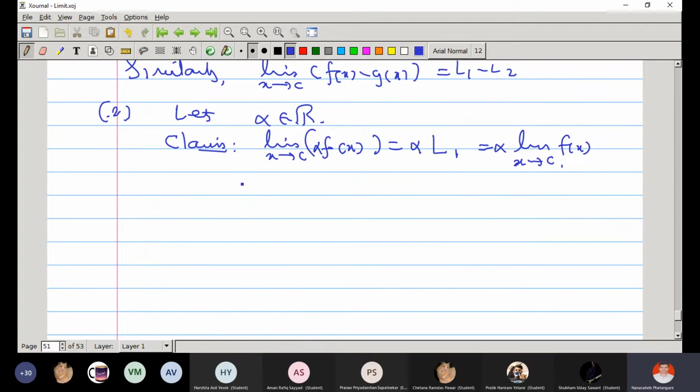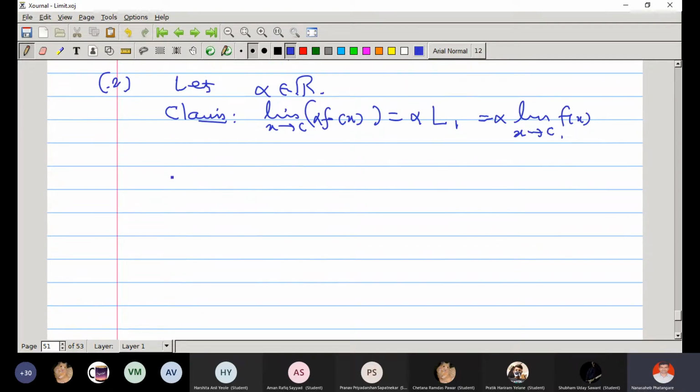This is what we want. Fine. By the sequential criteria, what do we expect? By the sequential criteria, what should we prove? Because the sequential criteria makes our job easy. Right? Yes. What do we expect?